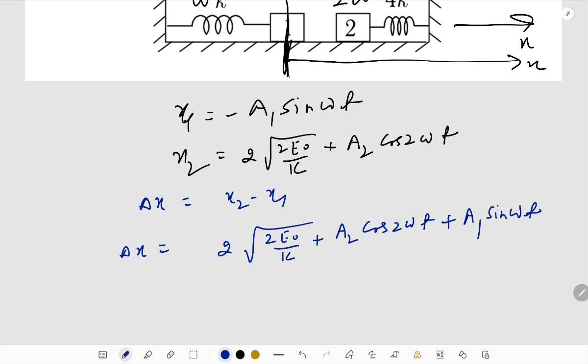This is delta x, and it reaches its minimum value when cos 2 omega t becomes minus 1 and sine omega t becomes minus 1 simultaneously.